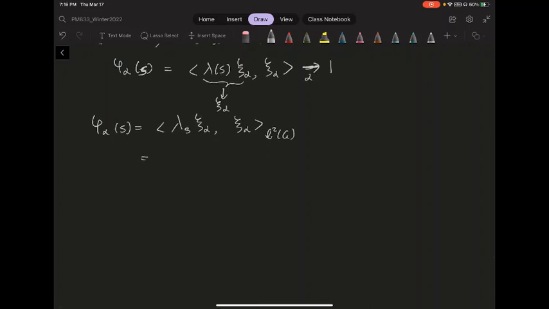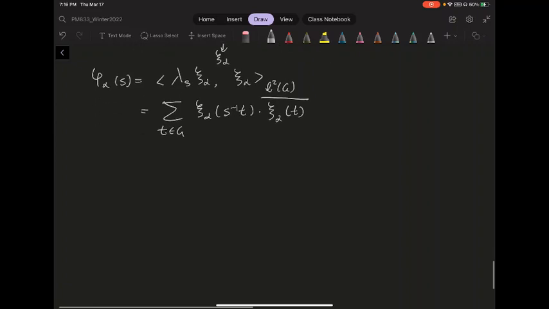So what you can do is you essentially just take a summation over T inside G. You evaluate psi alpha at S inverse T, and then you multiply with the psi alpha at T but conjugate. And because your psi alpha has finite support and you want to shift it, if you shift it too much, of course, then one of them has to be 0.